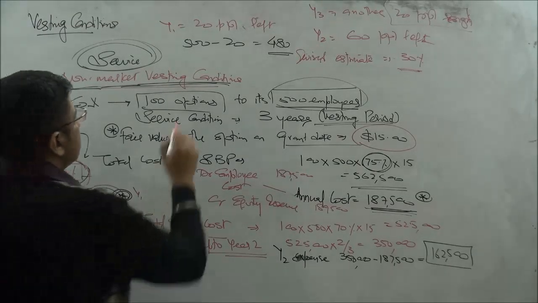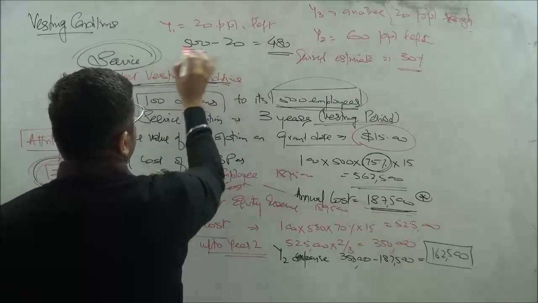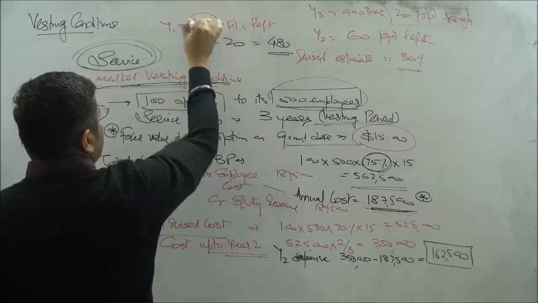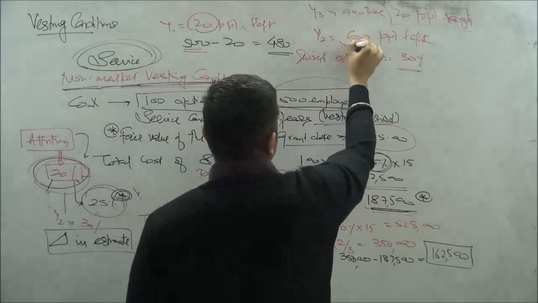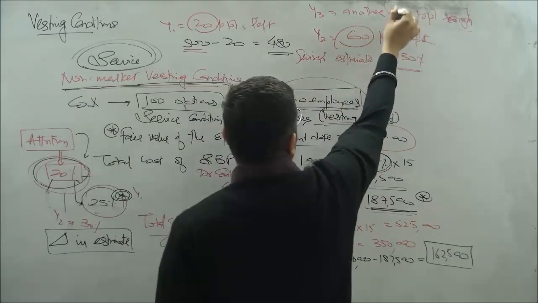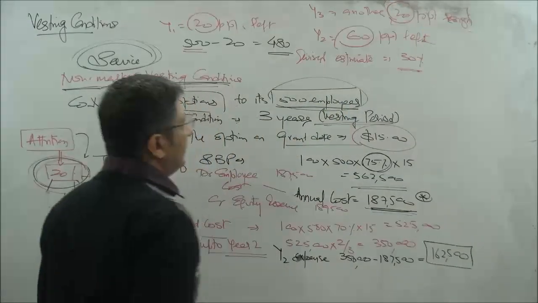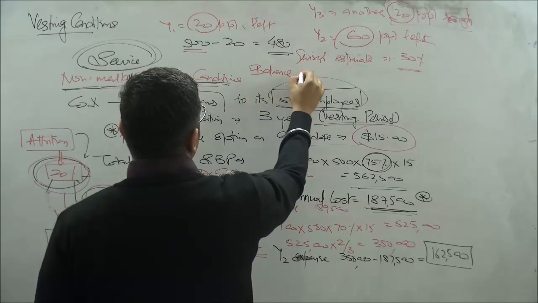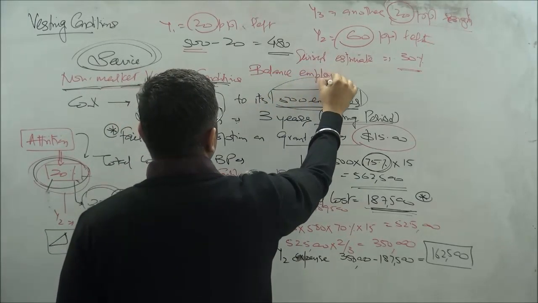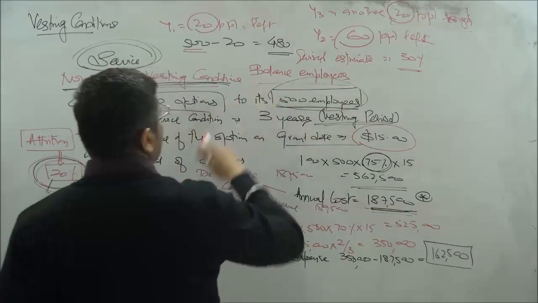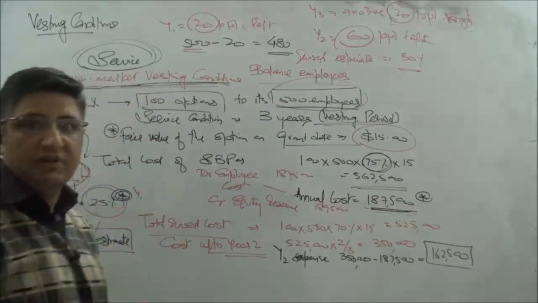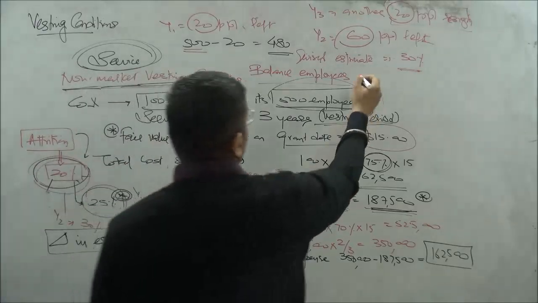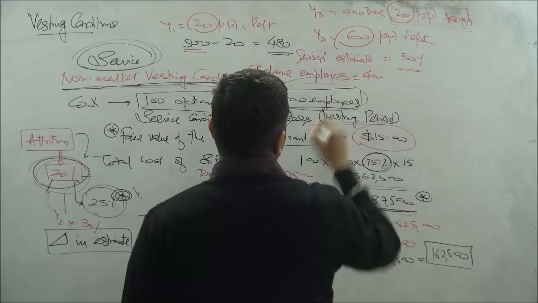Essentially what it means, my original number was 500, 20 left year 1, 60 left year 2, and another 20 left year 3, which means that my balance number of employees with whom the options will vest, that would be of course 400.